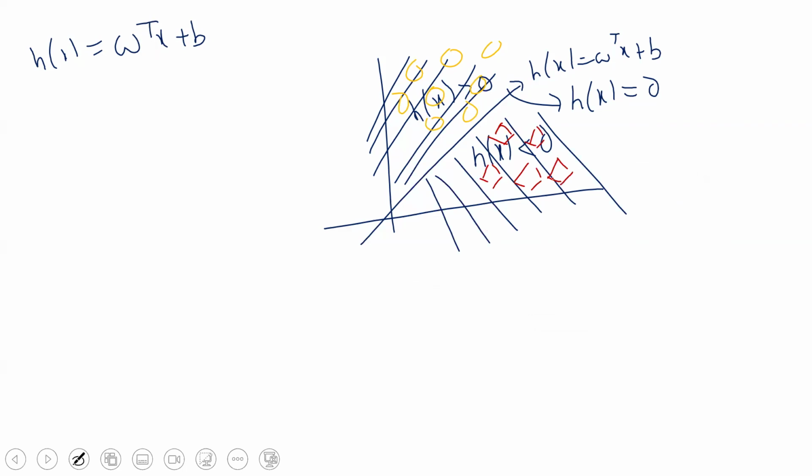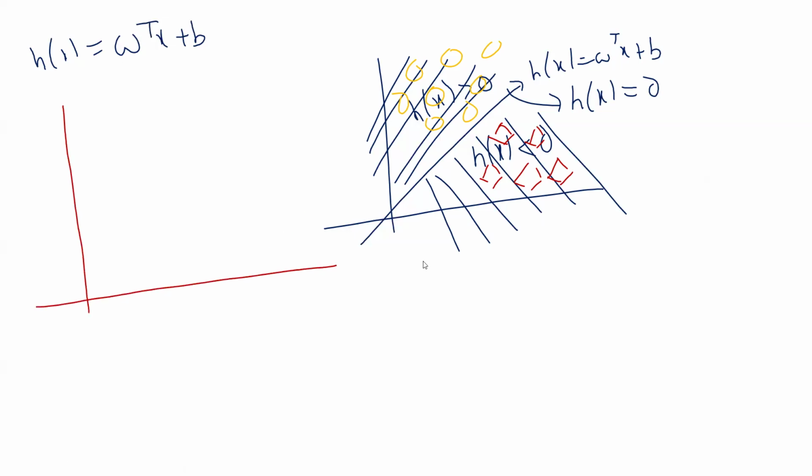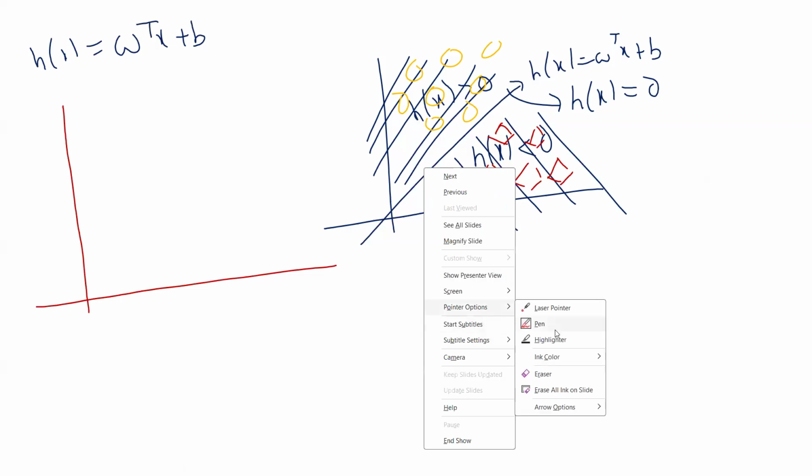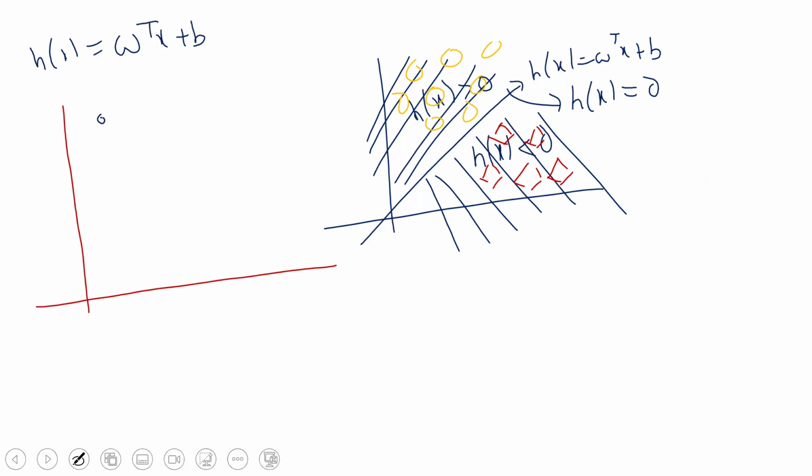Now let's understand this. Given a 2D space, now given two different data sets. One is the circles. You are given with two different data sets.